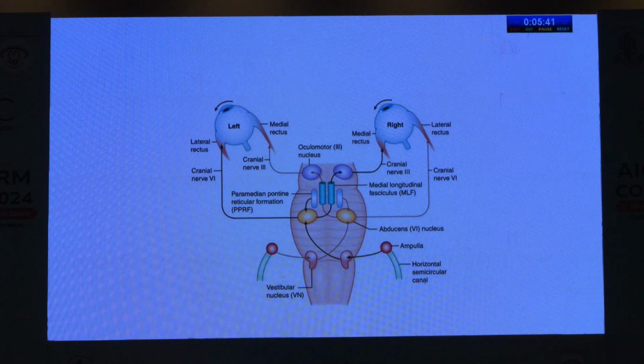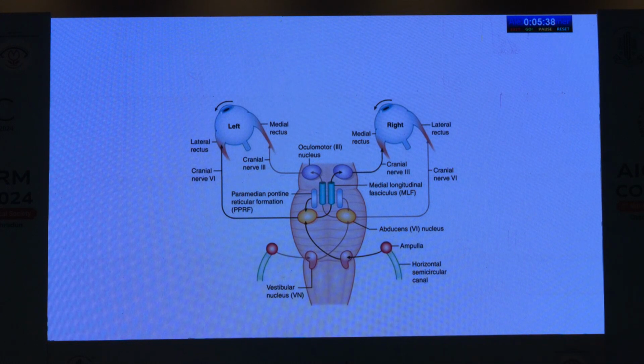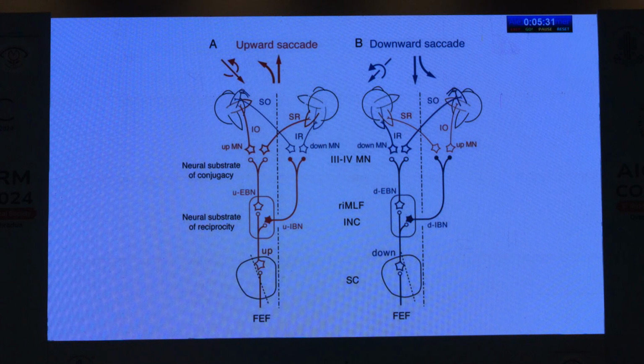Can't explain in the 7 minutes, but it's important for us to know all the pathways for the pursuits and the saccades, both for the horizontal as well as the vertical eye movements.